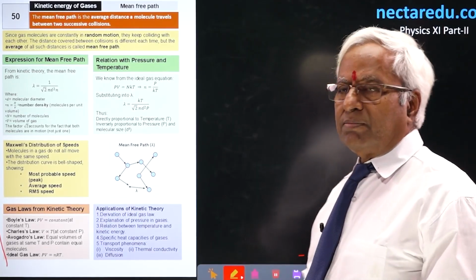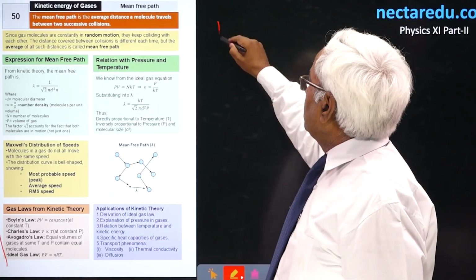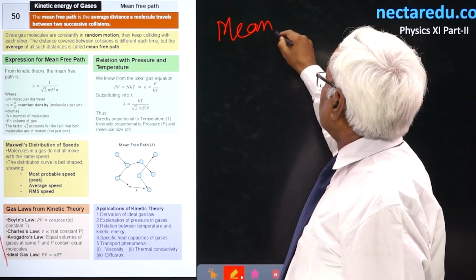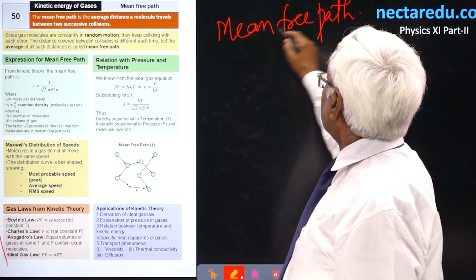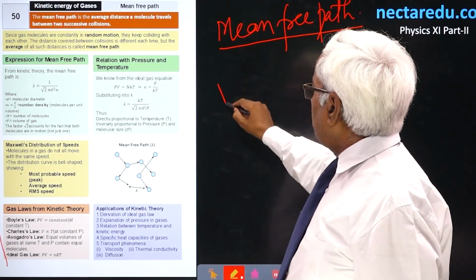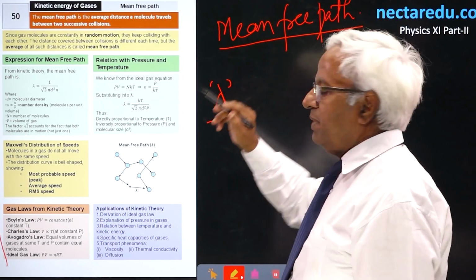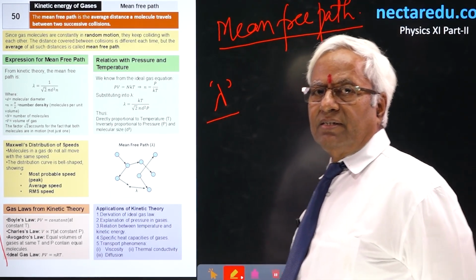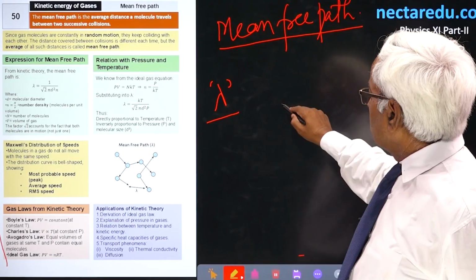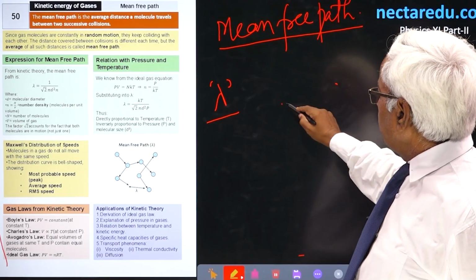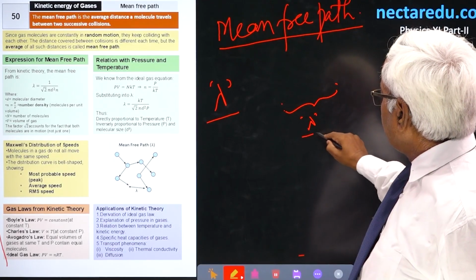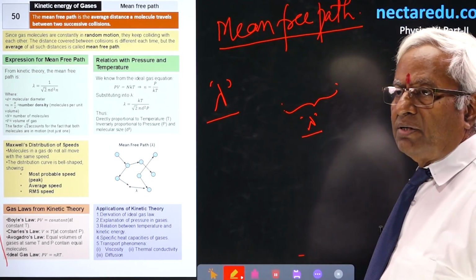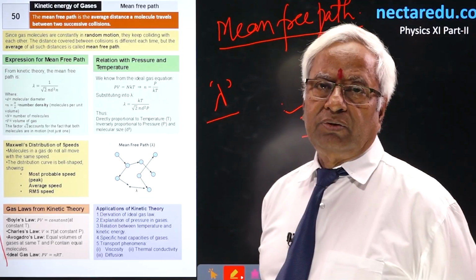Now, another concept, mean free path. Free path, lambda, the Greek letter lambda. Molecules move randomly and collide. Between two collisions, the distance traveled is given by the term free path.